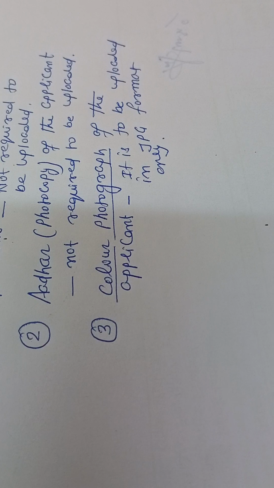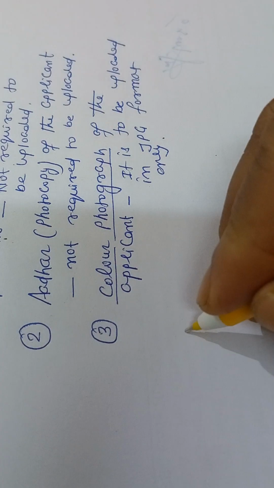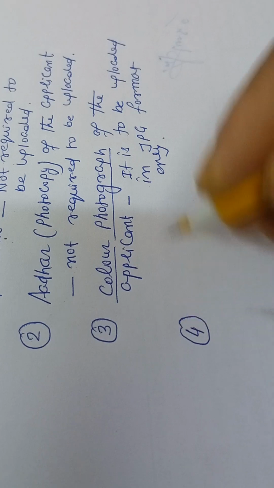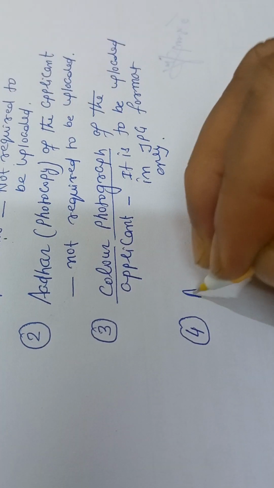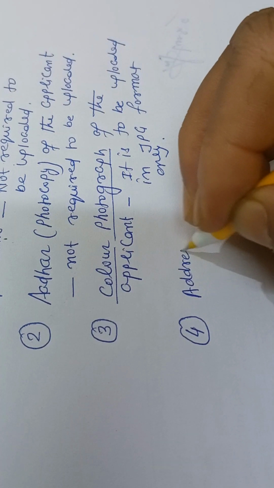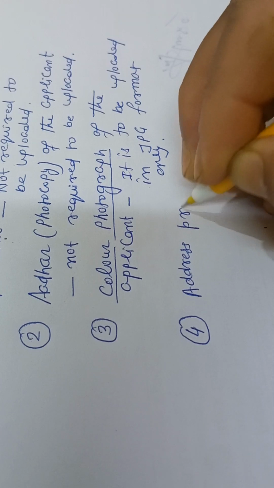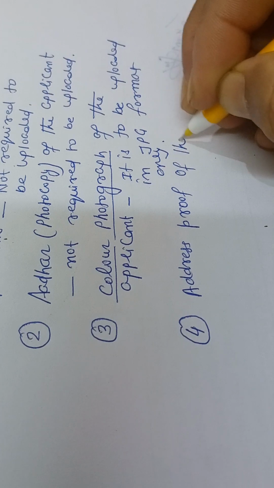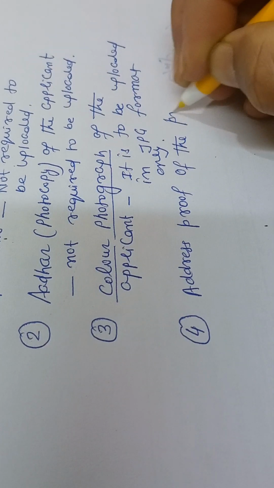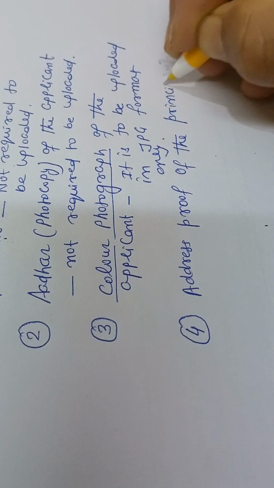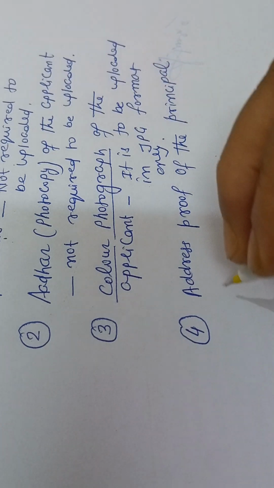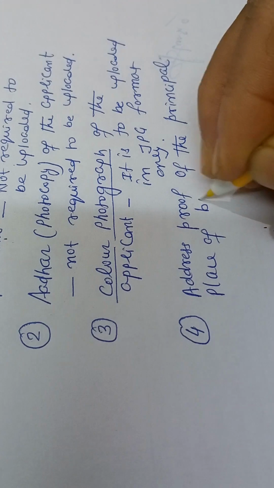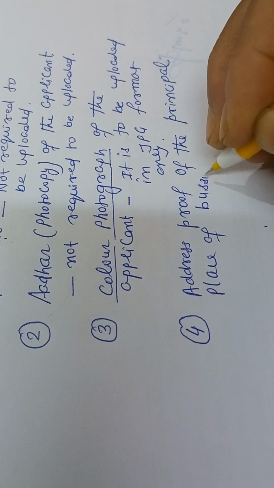Now, fourth document is address proof of the principal place of business.